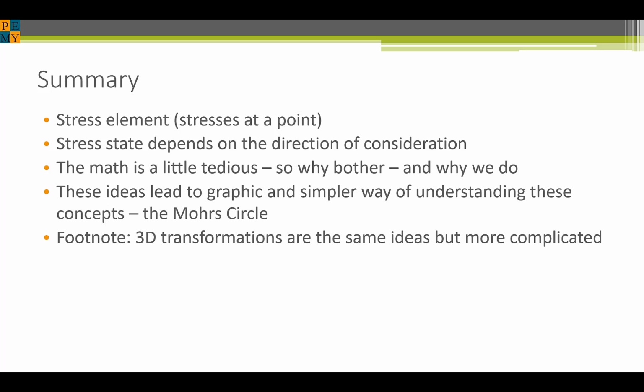You can rely on what we're trying to get to, which is the Mohr circle. It's a graphical way to simply conceptualize and understand the ideas that we've been going through on transformation of stresses to different angles. 3D transformations are more complex, so we're not going to cover those here. And next time we'll go through an angle where we look at all possible angles so that we can get some insight into how the stress transformation really works.